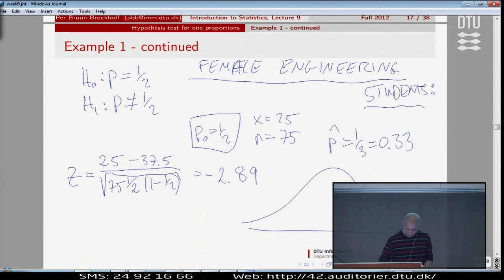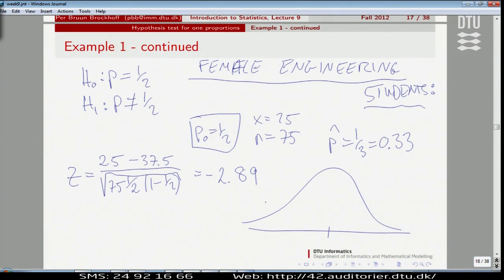What is the p-value of such a hypothesis test? We take the standard normal. Here is minus 2.89. Here is plus 2.89. The p-value is the sum of these two percentages, right? This is the p-value. The chance of going beyond 2.89, be it in one tail or the other. That is the p-value, to be as different from the hypothesis as our data, or even more different.